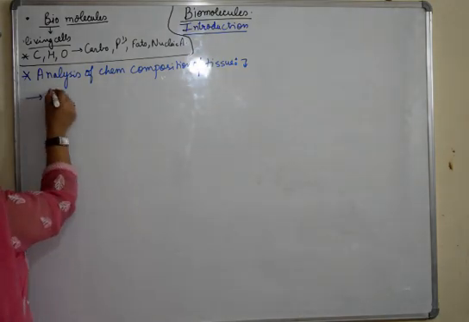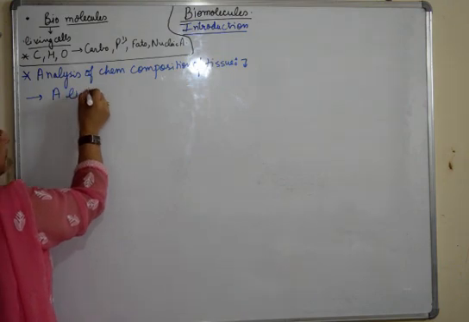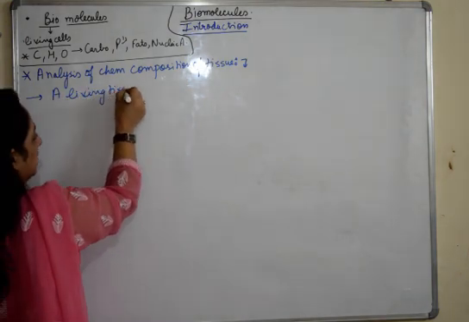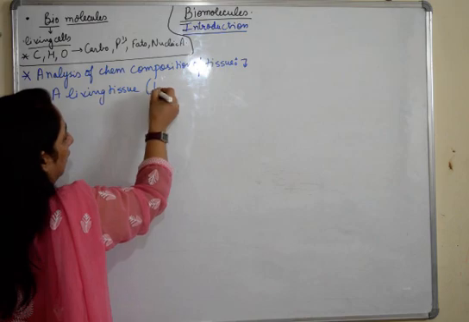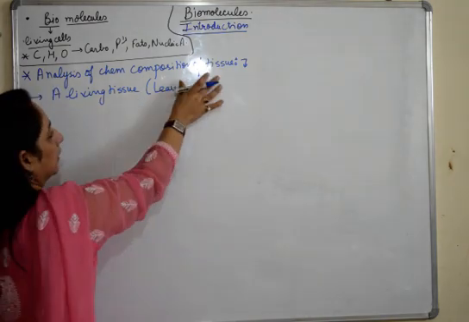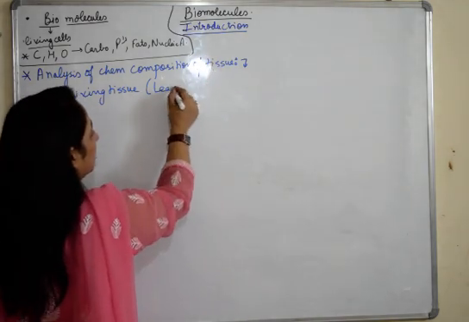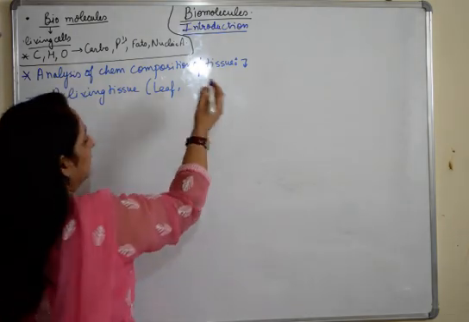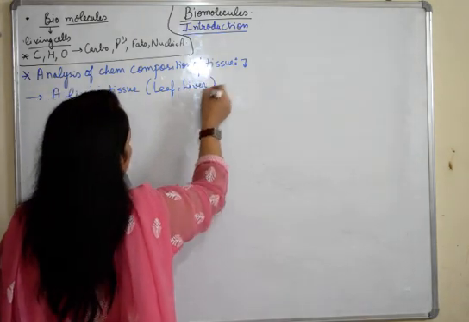First of all, a living tissue is taken. It can be a leaf, or you can say a plant tissue, or it can be an animal tissue, maybe for example a liver tissue.